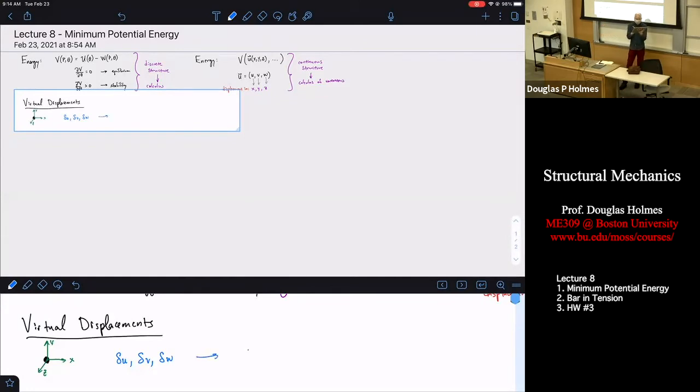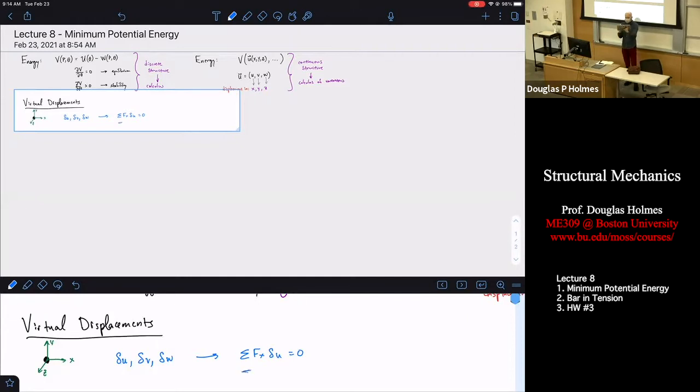So if I take, for instance, the sum of all the forces in the x direction times the virtual displacement in the x direction, delta u, and set that equal to 0, that would be the virtual work in that x direction. We can do that for all three of them.